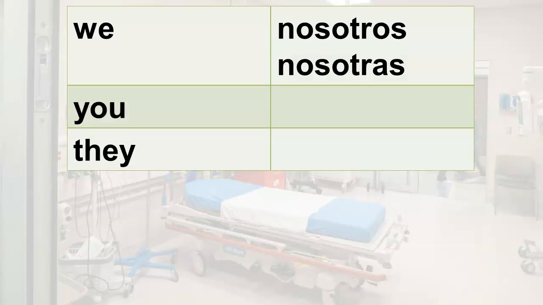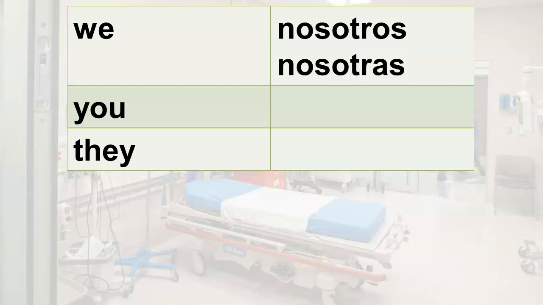Let's move on to the plural subject pronouns. How do you say we in Spanish? You say nosotros or nosotras. Depending on the group of people that is using the word we, if it's a group of entirely males, we'll use nosotros. If it's a mixed group of males and females, you still traditionally use nosotros.